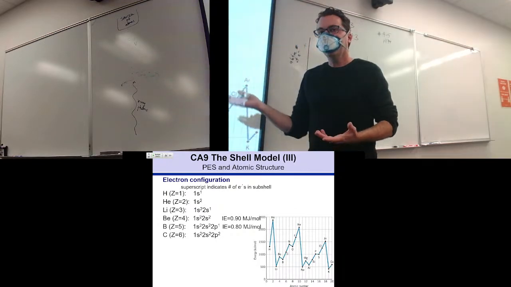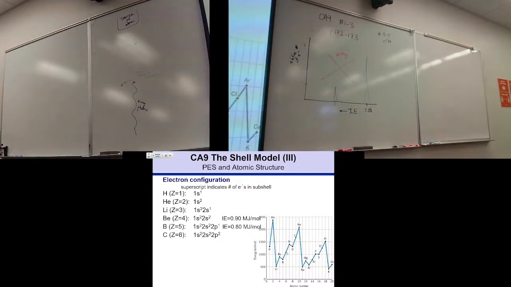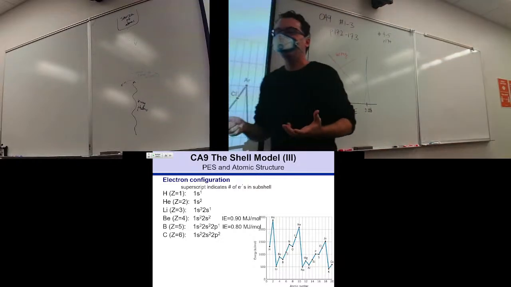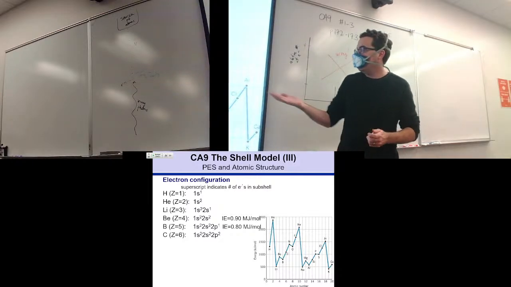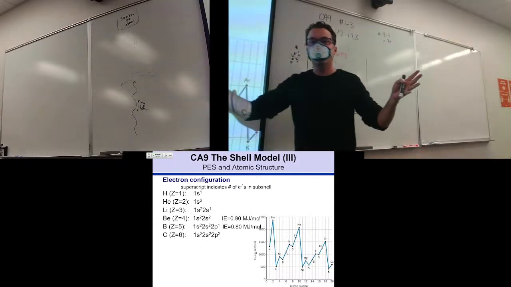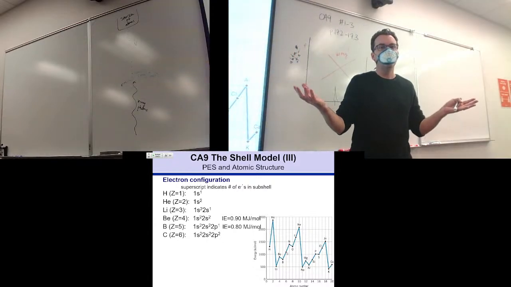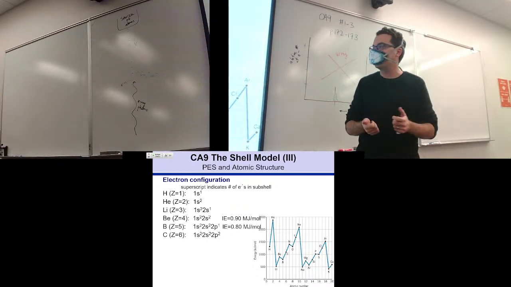The ionization energy is lower because that next electron is not going in the same subshell. It's going in a different subshell. That implies maybe that subshell is slightly further away from the nucleus than the 2s subshell is, and that's why the ionization energy of the 2p subshell is lower.